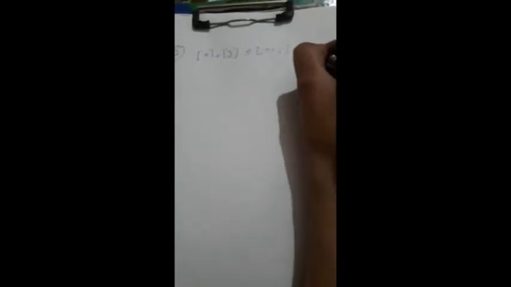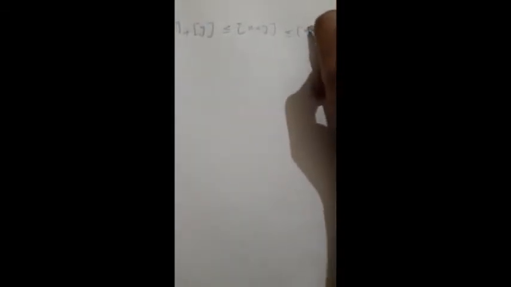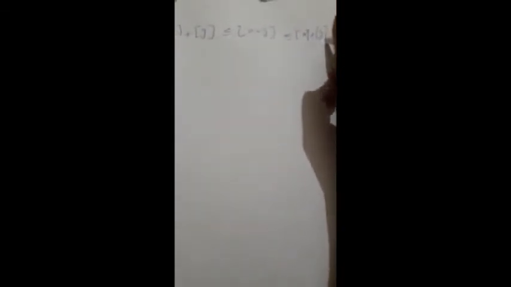Our next one is the third property: greatest integer x plus greatest integer y is less than or equal to greatest integer x plus y, which is less than or equal to greatest integer x plus greatest integer y plus 1. We have two real numbers x and y.